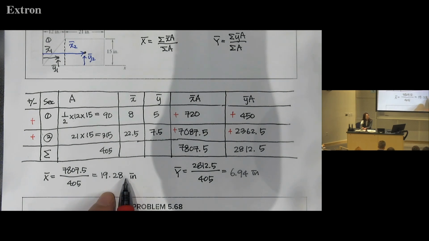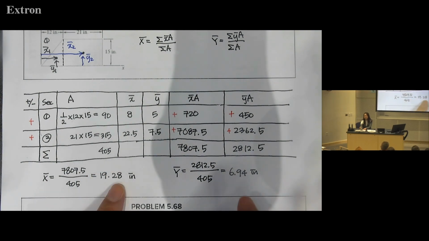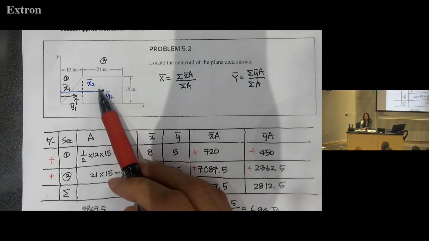So after calculation, you will get these numbers, 19.28 for x bar, and then 6.94 for y bar. And once you have this, don't stop here. Check it in the shape, right?